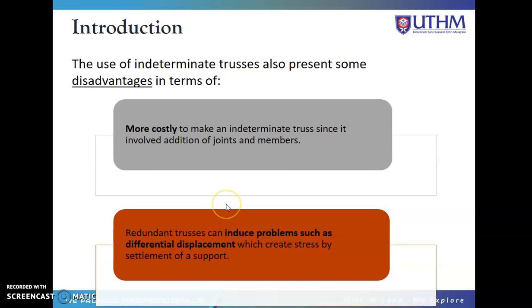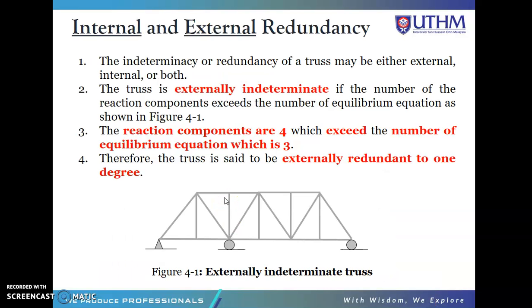For indeterminate trusses, there are two types, which we call internal and external redundancy. Generally, internal means inside and external means outside.